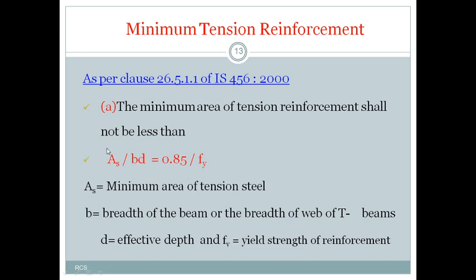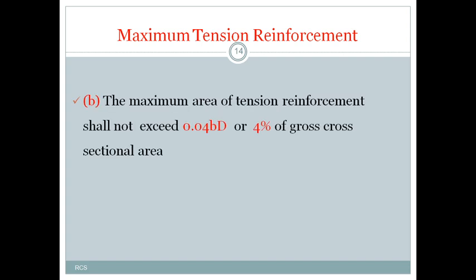So when we have the minimum tension reinforcement, we have to calculate what maximum value of reinforcement we can provide in the beam. For that also, the code has given a provision that the maximum area of tension reinforcement shall not exceed 0.04 bD, or this can be written as 4% of the gross cross sectional area.